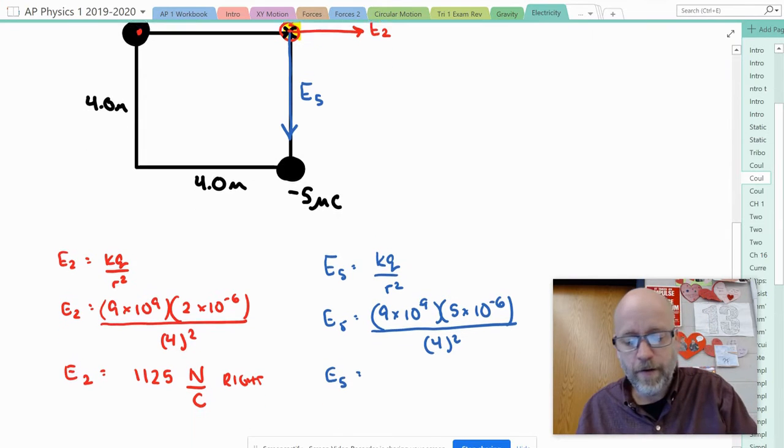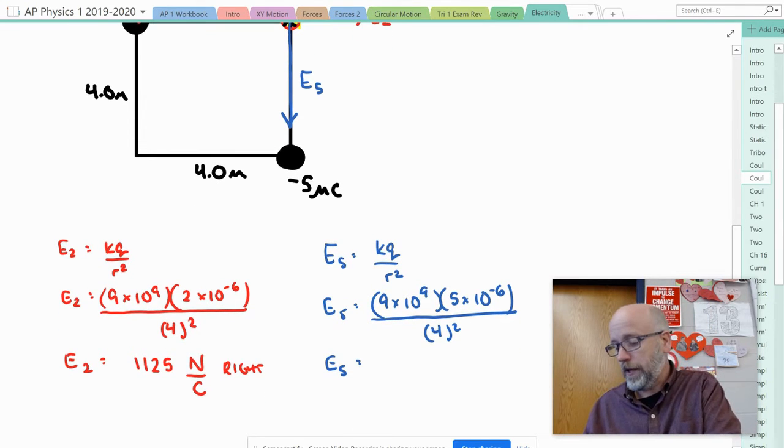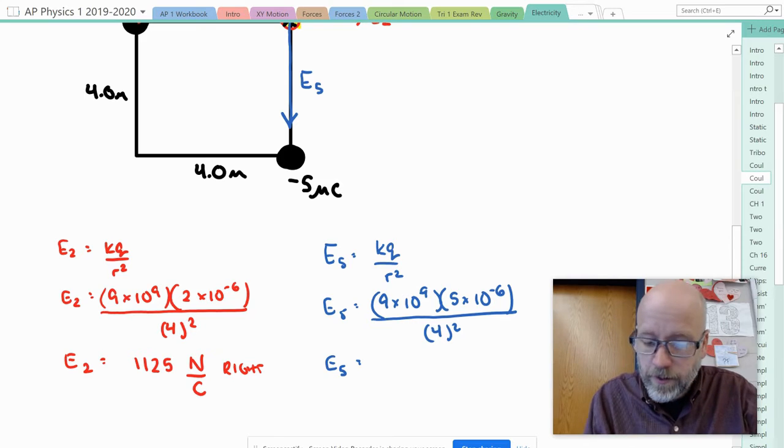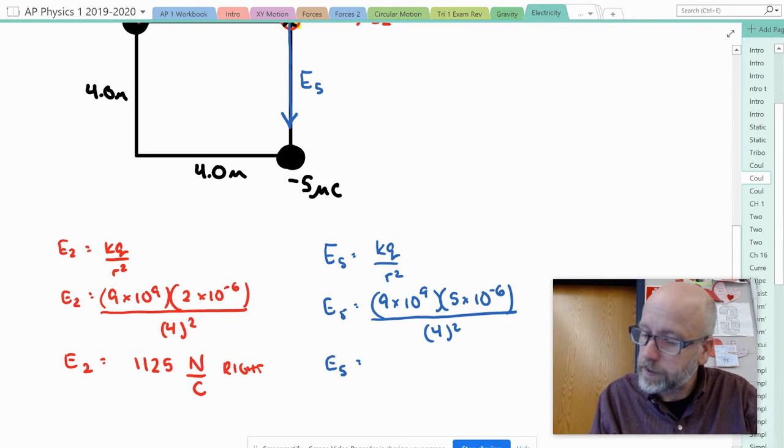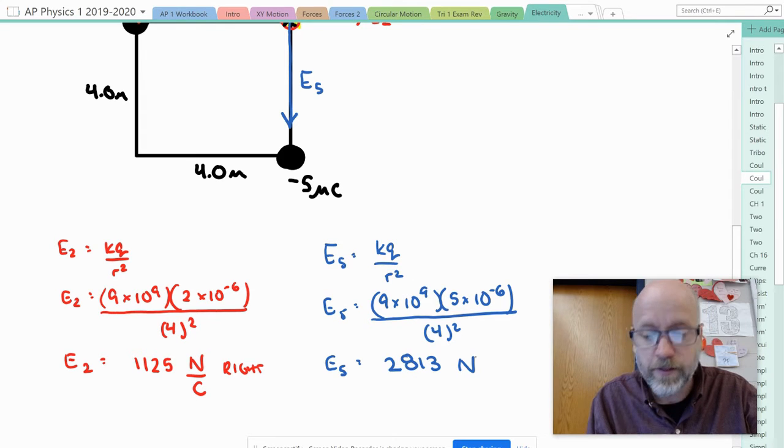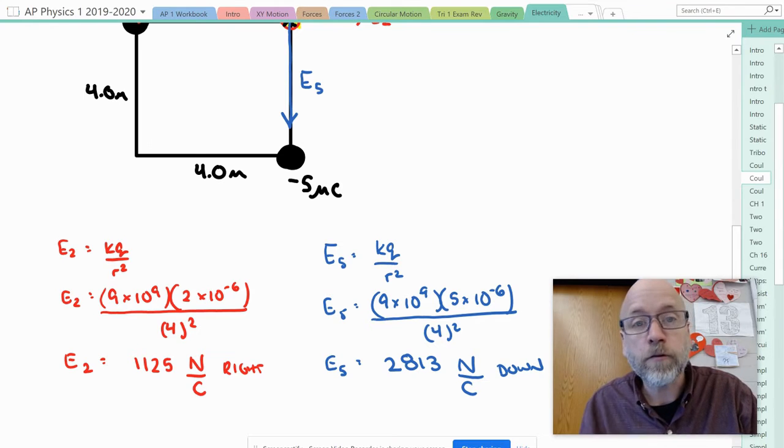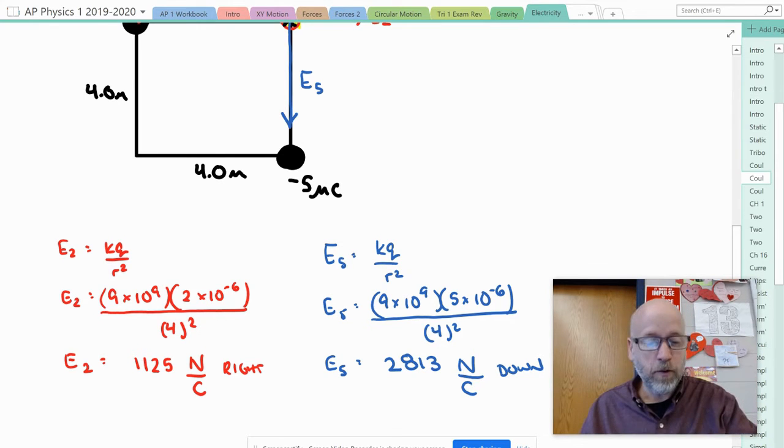So if I find E5, and unfortunately I don't remember the answer to this one, 2,812.5. Or because I'm going to round a little bit here and there, maybe I'll call that 2,813 newtons per coulomb down. Hey, we're almost done.